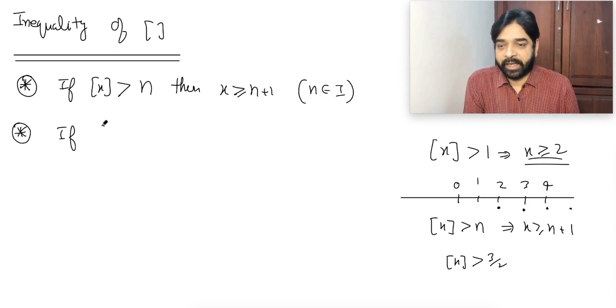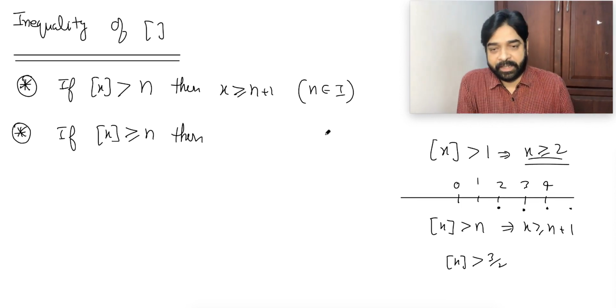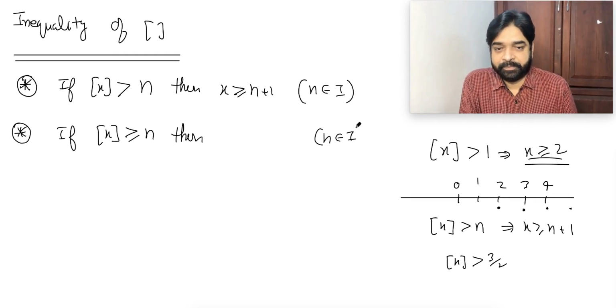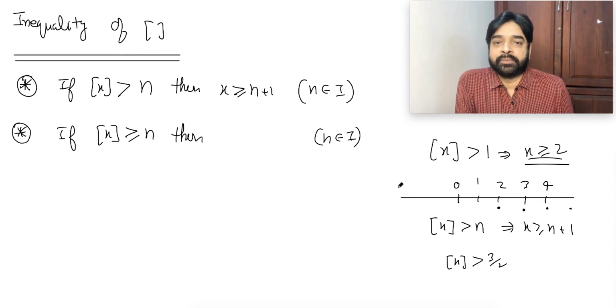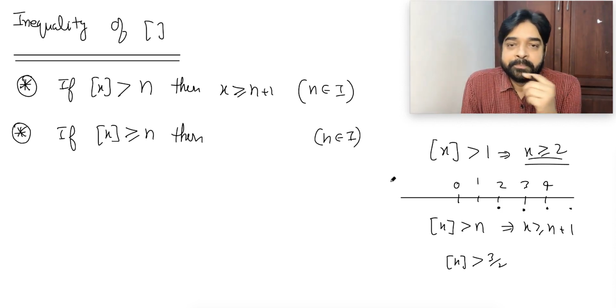If I say the greatest integer of x is greater than or equal to n, where n is an integer, please tell me what will happen in that case. What will be the answer? We can take some example and immediately derive it. It's so simple.